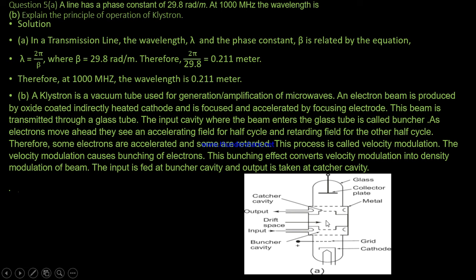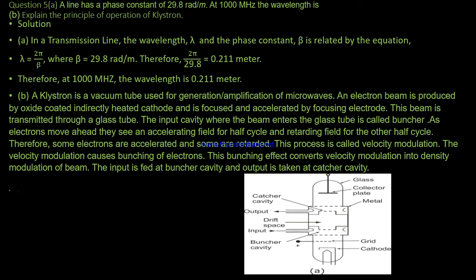Therefore, some electrons are accelerated and some are retarded. This process is called velocity modulation. And in the long run, this velocity modulation also impacts current density. So the velocity modulation causes bunching of electrons. This bunching effect converts velocity modulation into density modulation of the beam.